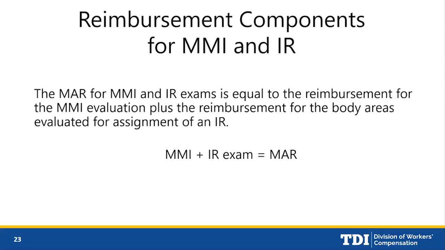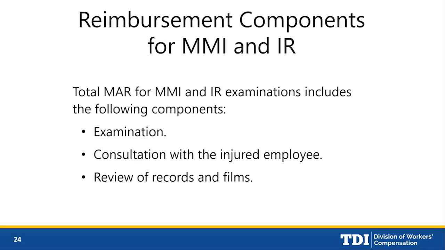So the components of the exam: the maximum allowable reimbursement for MMI exams and impairment rating exams is equal to the reimbursement for both, again, the MMI part of the exam plus the impairment rating part of the exam. So that's going to be the maximum allowed reimbursement.